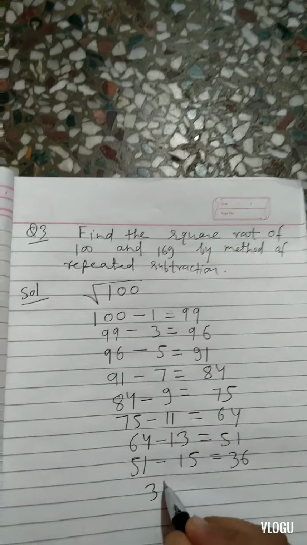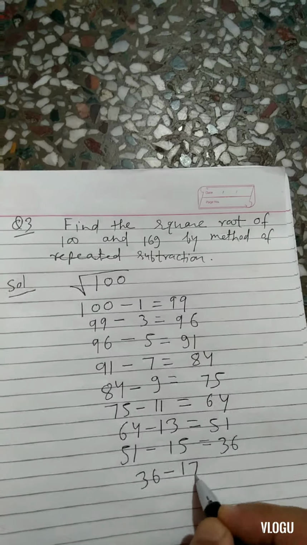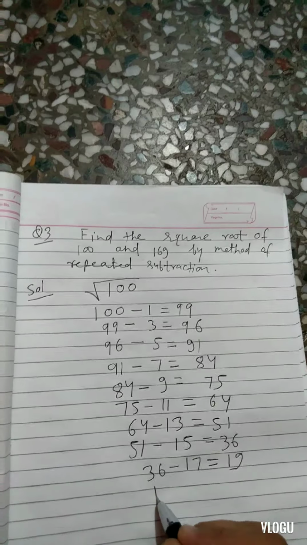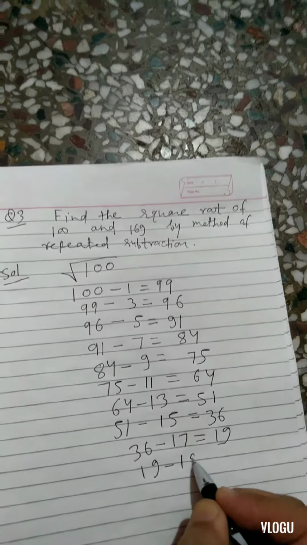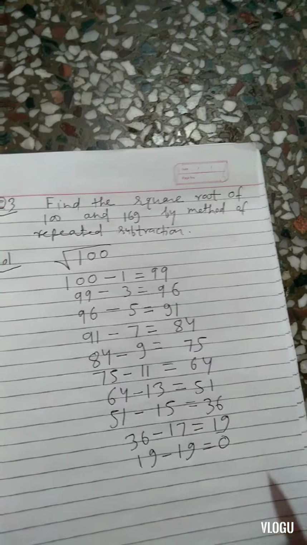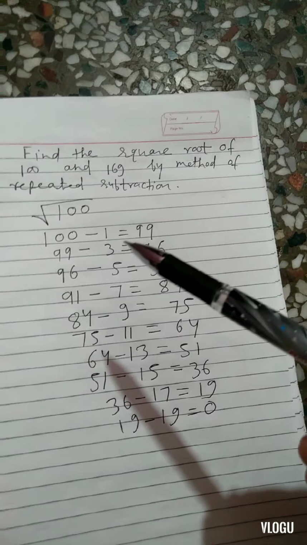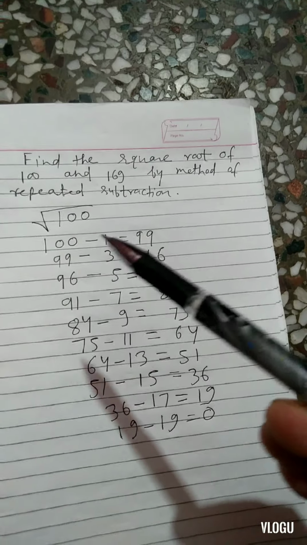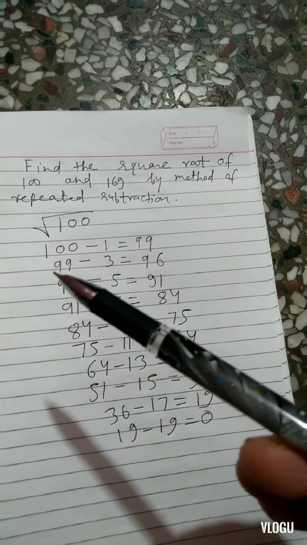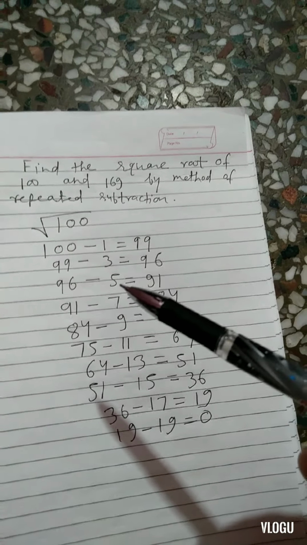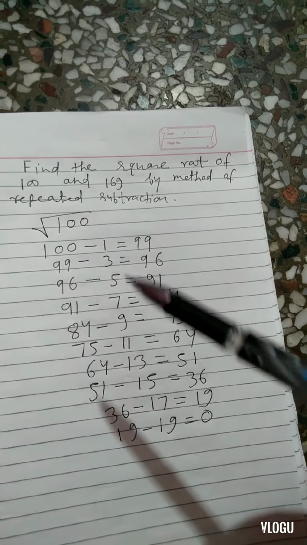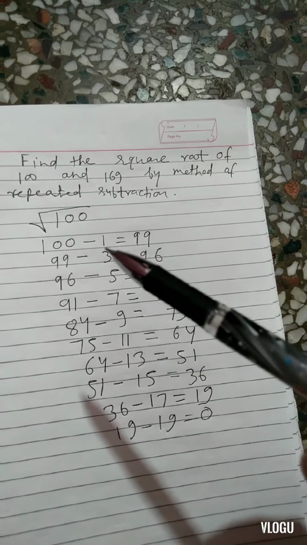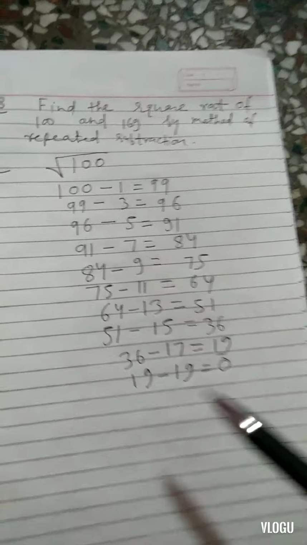Then 36 minus 17 is 19, and then 19 minus 19 is 0. Here you subtract successive odd numbers from the given number. 100 minus 1, then 99 minus 3, then minus 5, then minus 7, then minus 9. Successive odd numbers. Okay, students, till 0.